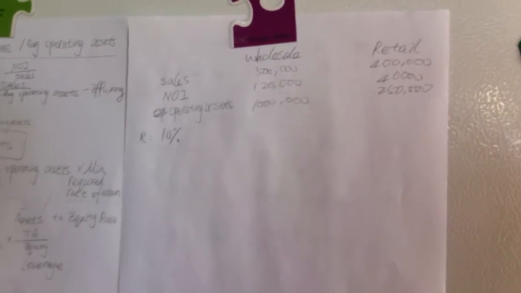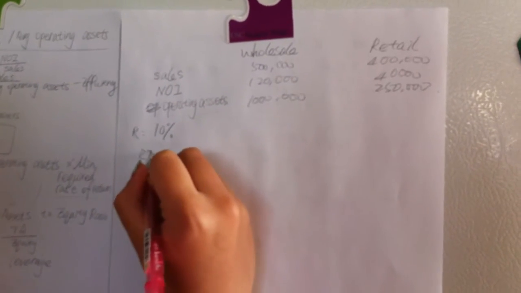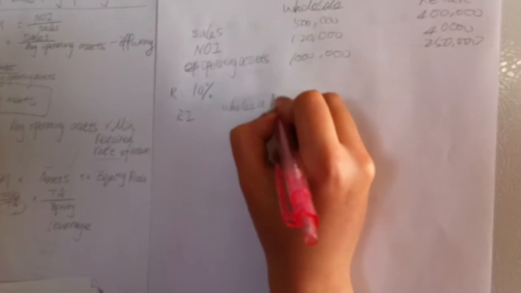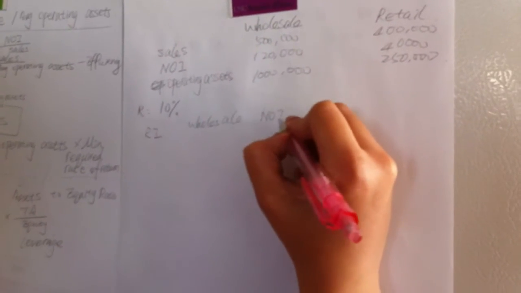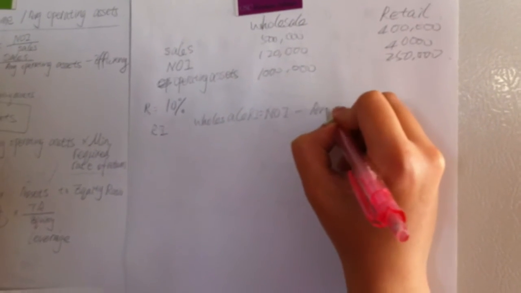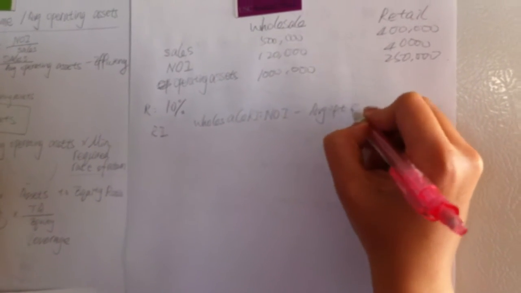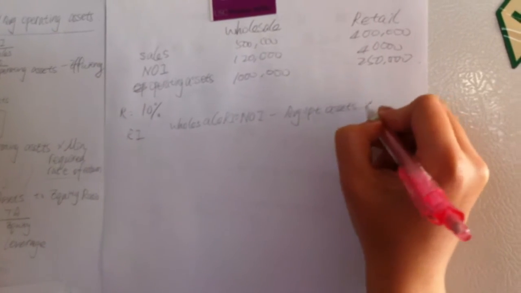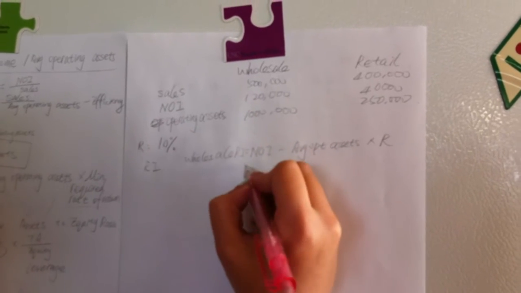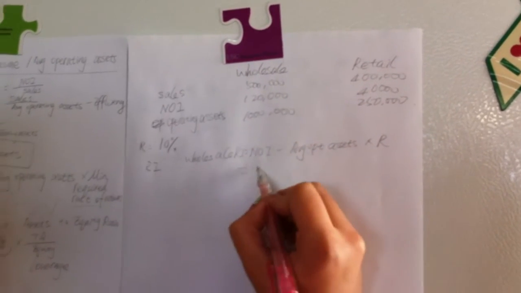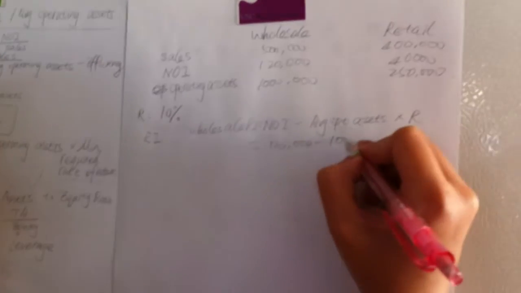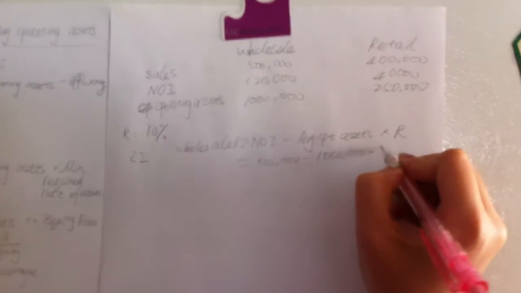Okay, so let's do it. If we look from RI's perspective, then wholesale. RI equals net operating income minus average operating assets times minimum required rate of return, which gives you minus times 10%.